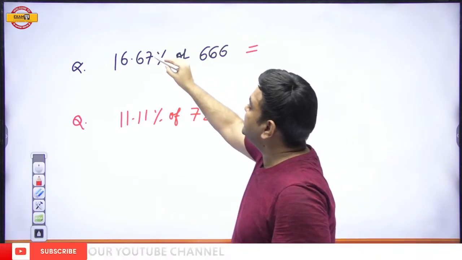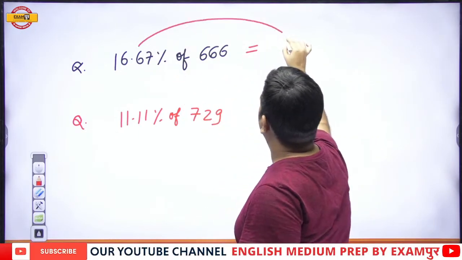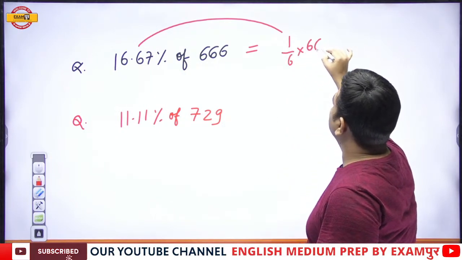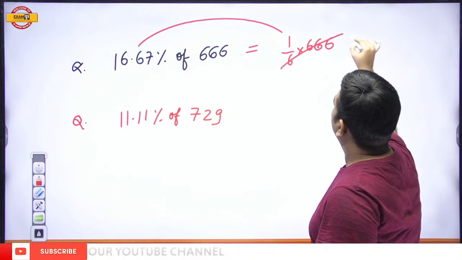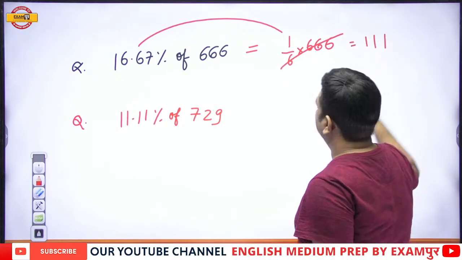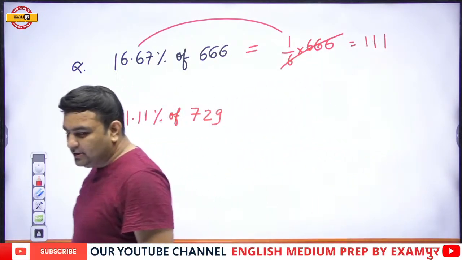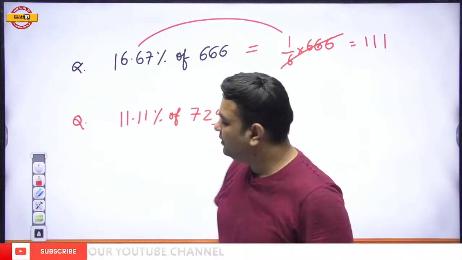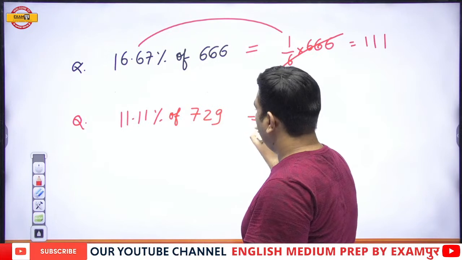Just remember, 16.67% is 1 by 6. 1 by 6 of 666 is 111. Vamsi Krishna.